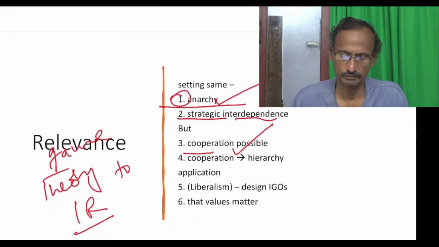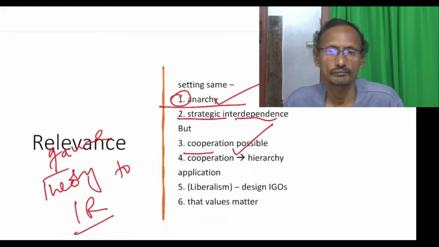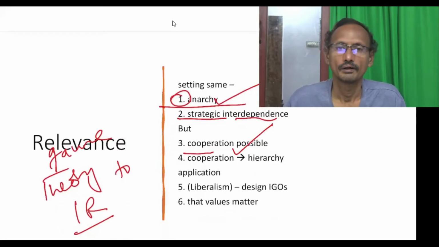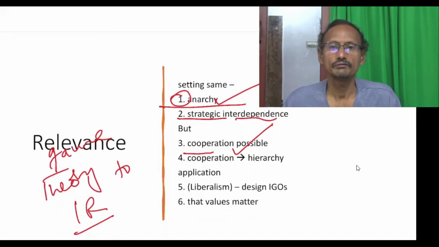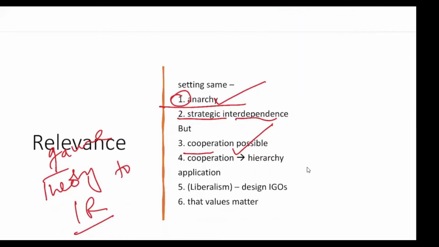This is another thing. But even with the strategic interdependence, what is found is that cooperation is possible. When two prisoners agree, then there is a better outcome.